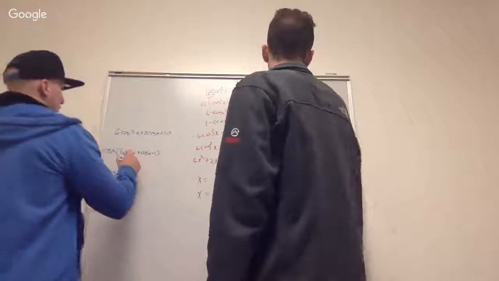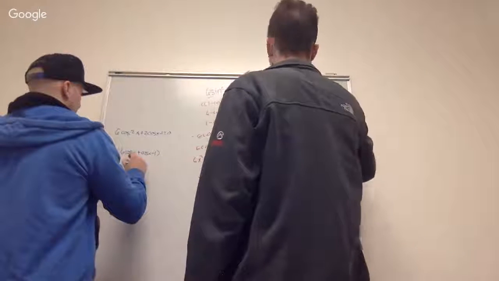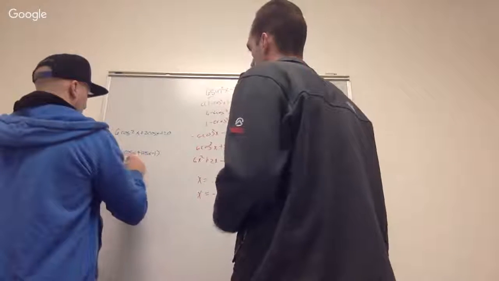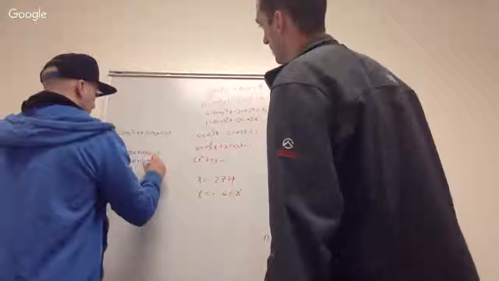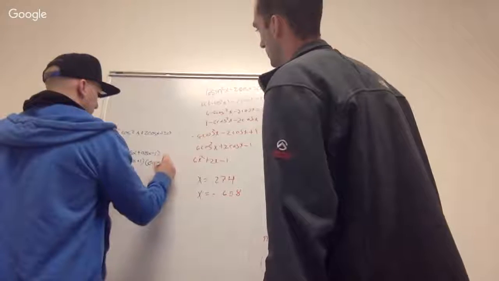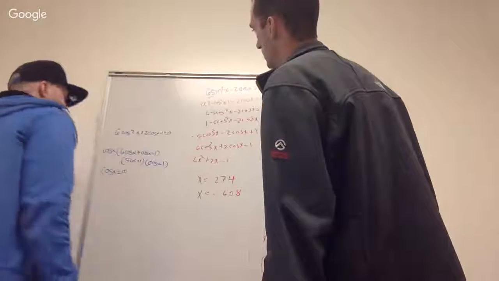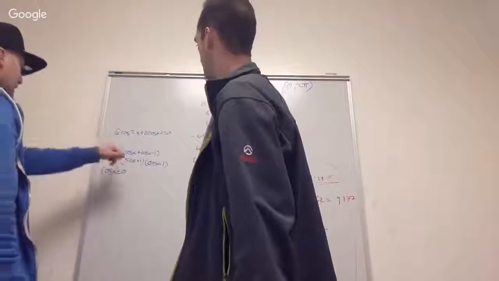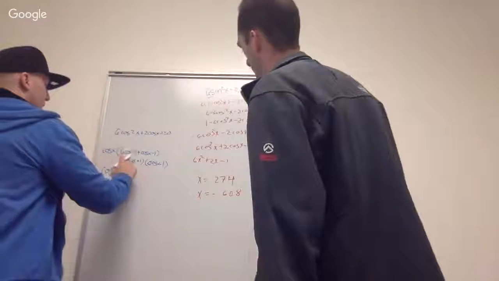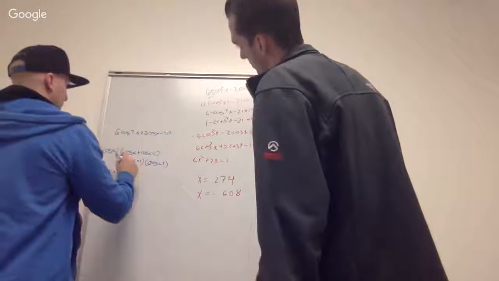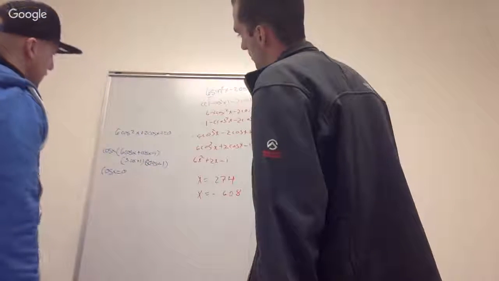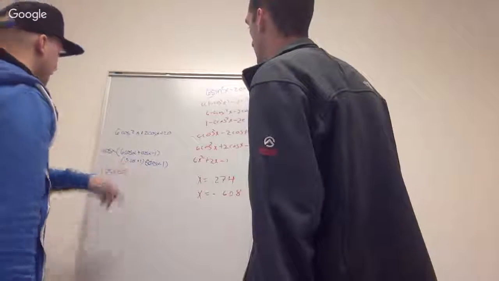Like you'd have to do 5 cosine plus 1 and then cosine minus 1. That wouldn't work though, because, oh yeah, it's 3 and 2. Wouldn't that work? Yeah, that'd work. So that's what it would be.